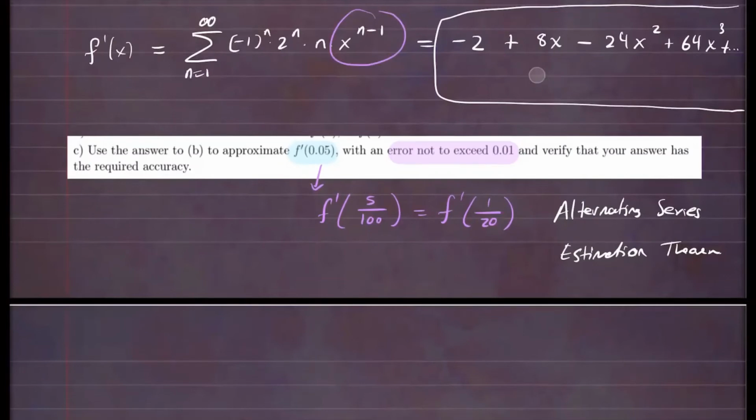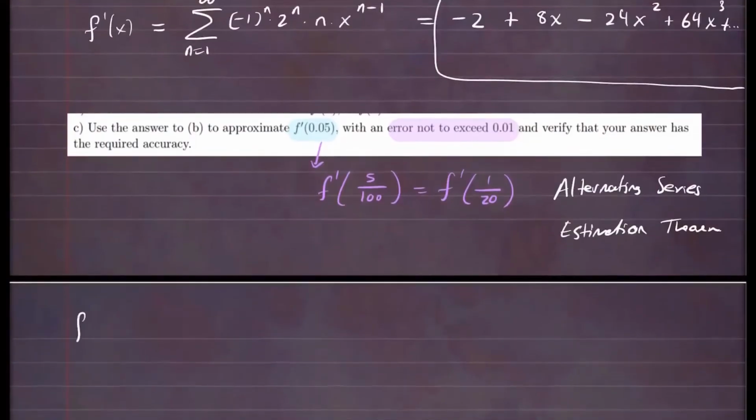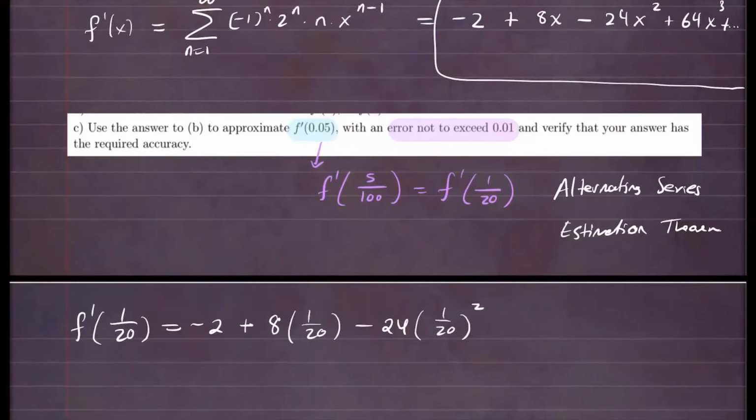I'm going to plug it into the expanded form because it's easier. So we have f prime of 1 over 20 equal to negative 2 plus 8 times 1 over 20 minus 24 times 1 over 20 squared plus 64 times 1 over 20 to the third, and so on.